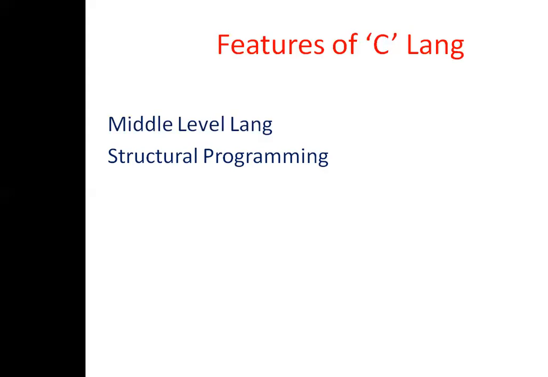If we are using any language, we have to maintain its structure. If we are using any language, we have to follow its procedures. So C is one among them. So C is also called a structural programming language, the language which has a certain structure, a certain procedure, certain grammatical rules and regulations.